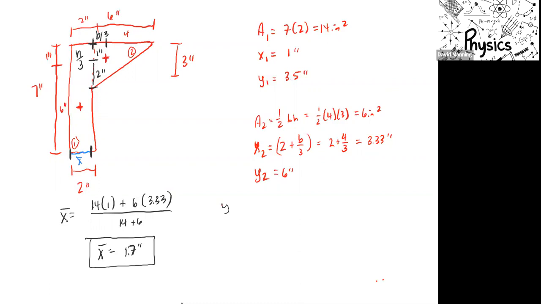And then y bar is going to be 14 times 3.5 plus 6 times 6 over 14 plus 6. That's 4.25.